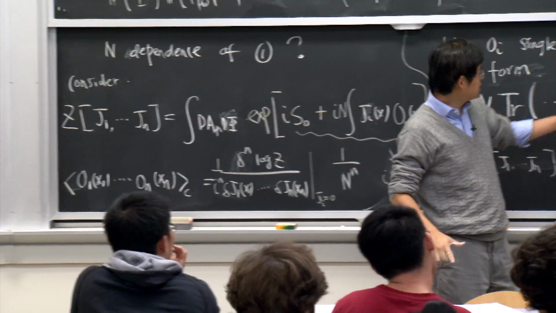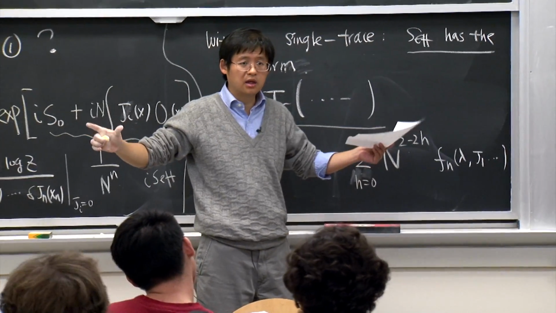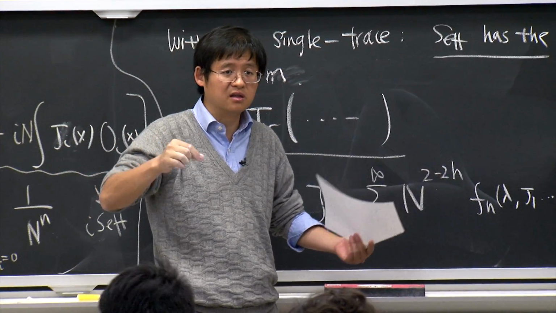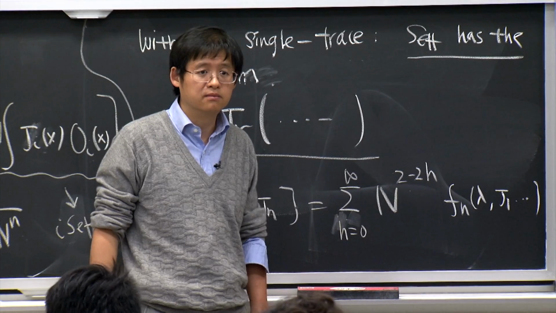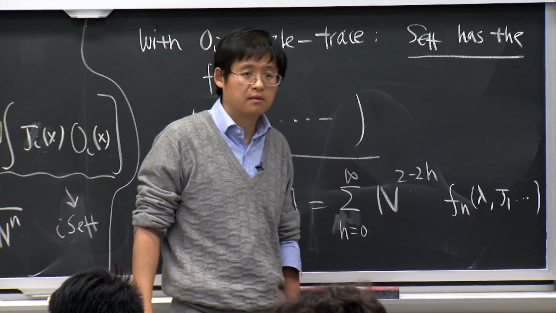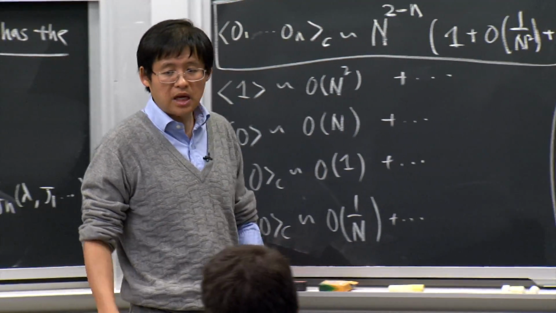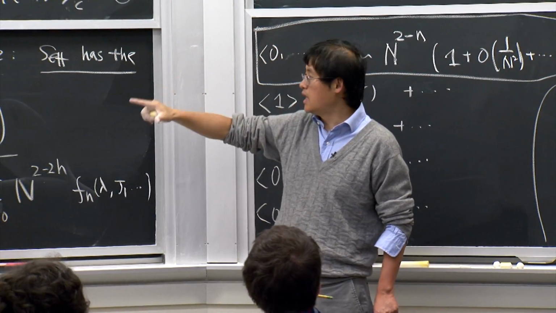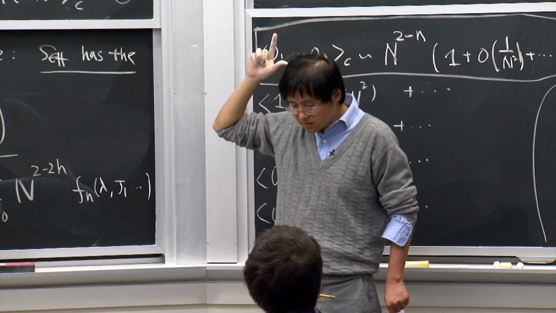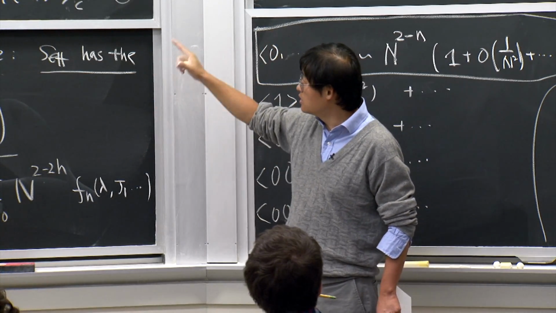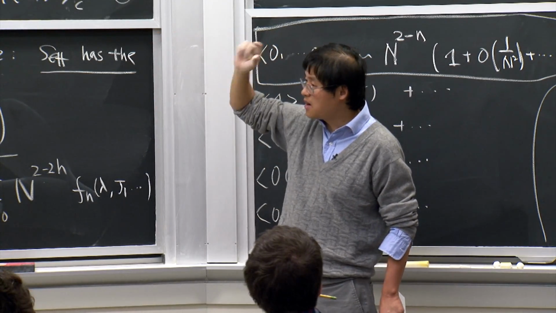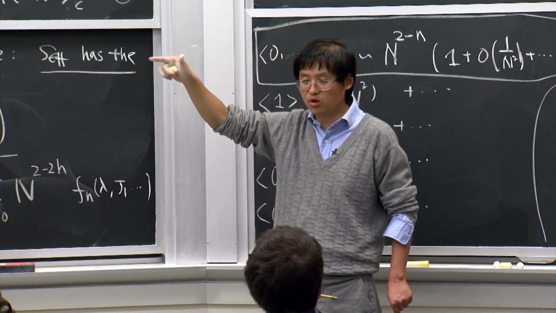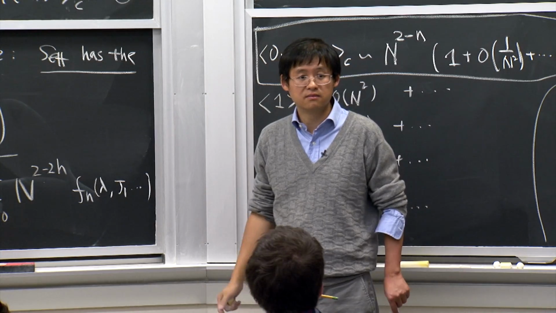So the operator can depend on those numbers in an arbitrary way, because they are all just order 1 constants. It can depend on the coupling in an arbitrary way, but it cannot have n-dependence defined inside the operator.